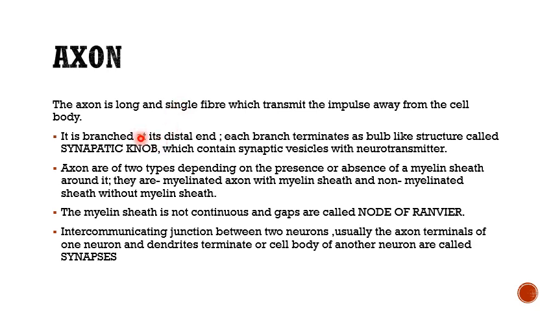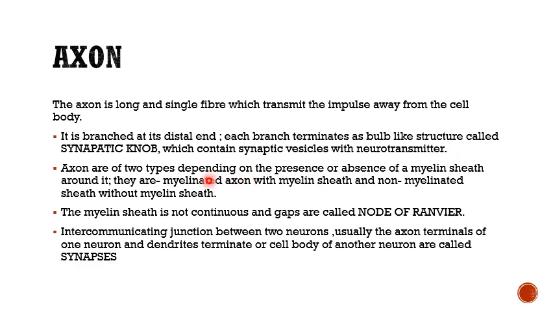It is branched at its distal end, meaning at the terminal end. Each branch terminates as a bulb-like structure called the synaptic knob, which contains the synaptic vesicles with neurotransmitter. Neurotransmitters are the chemicals by which the impulses are transmitted from one nerve cell to the next nerve cell.